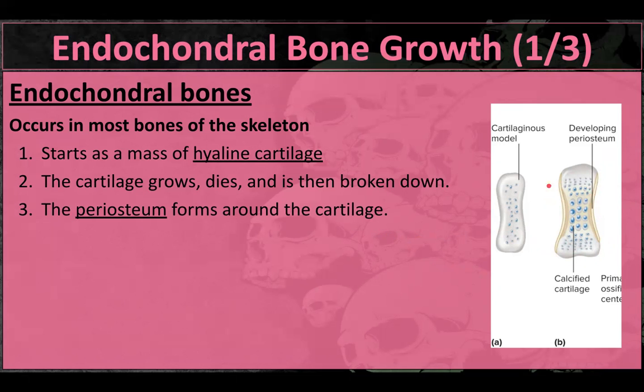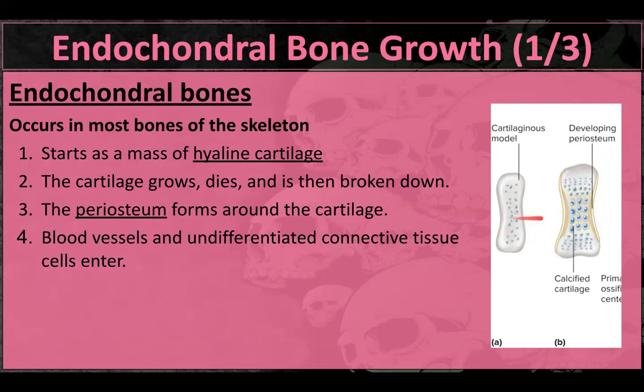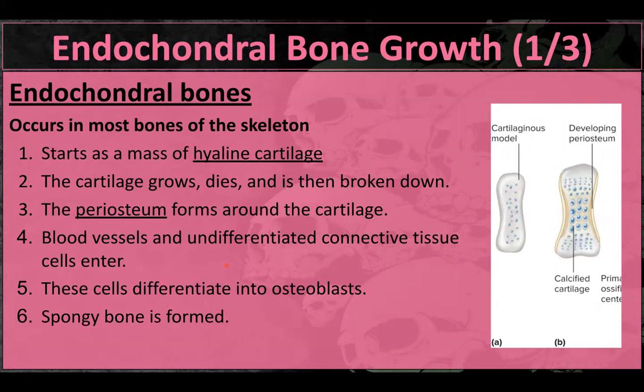The big difference here is that the periosteum is forming before any bone tissue is deposited on the inside. Then blood vessels and undifferentiated connective tissue cells are going to enter. And just like last time, the undifferentiated connective tissue cells are going to differentiate into osteoblasts. Then spongy bone is formed, and then compact bone is formed.